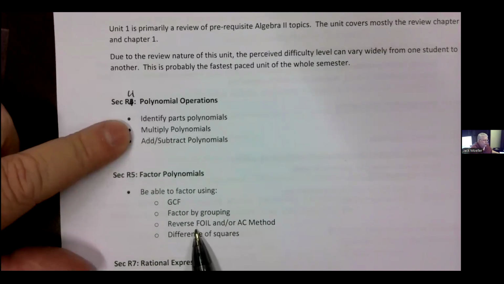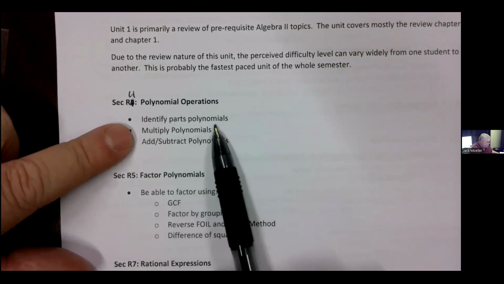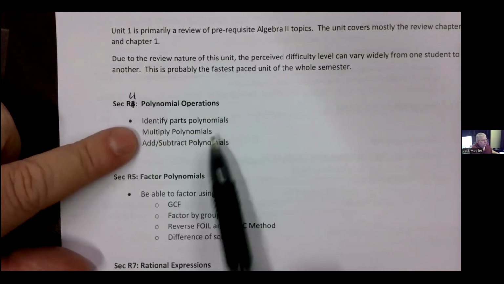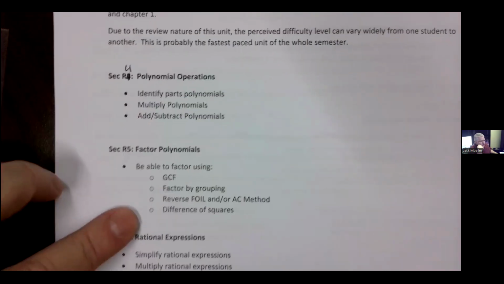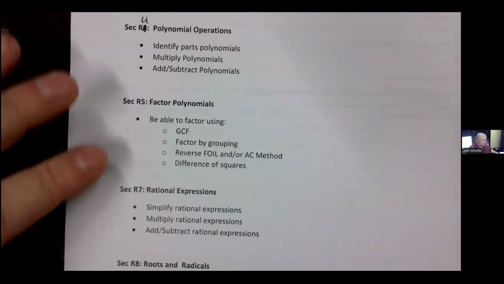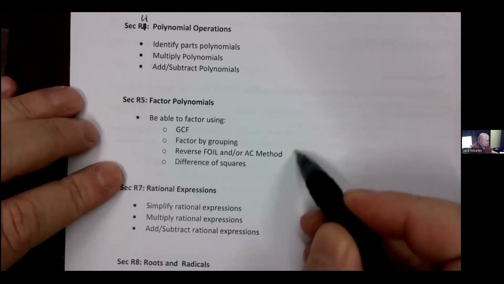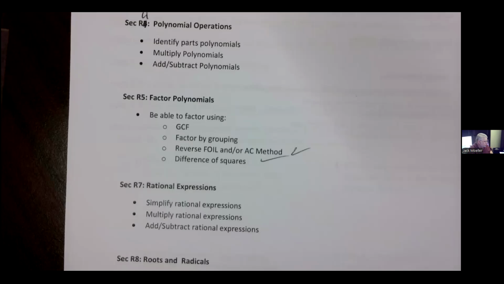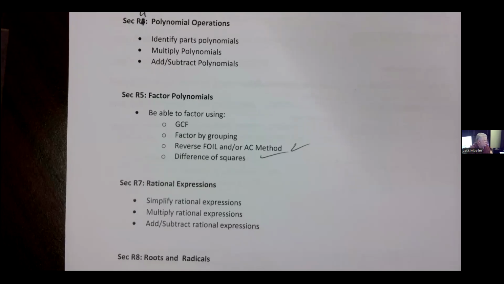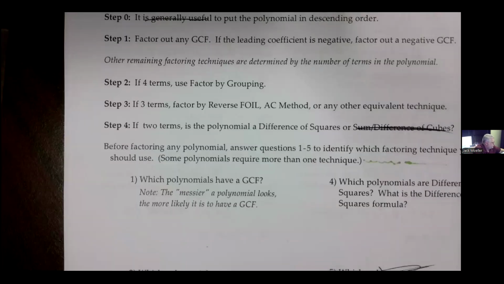If you haven't multiplied your polynomials, it makes it much harder to do it in reverse. So it's really important that you have done your R4 homework for today's discussion. These two topics are going to take up a good bit of time today. All right, so let's get into it.